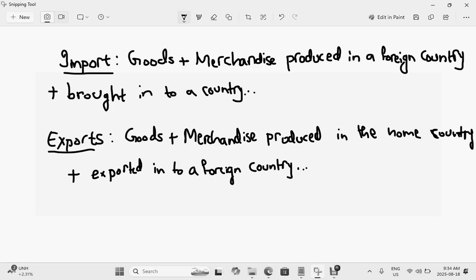Apart from imports and exports, you also have GDP, which we talked about earlier. This is your gross domestic product.